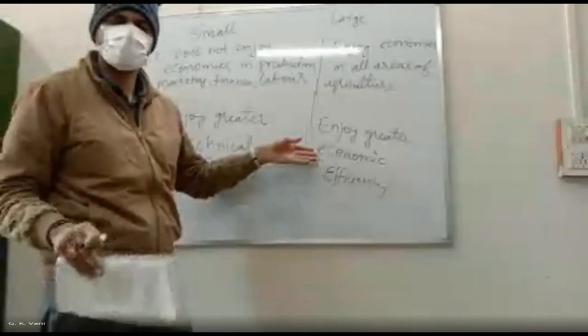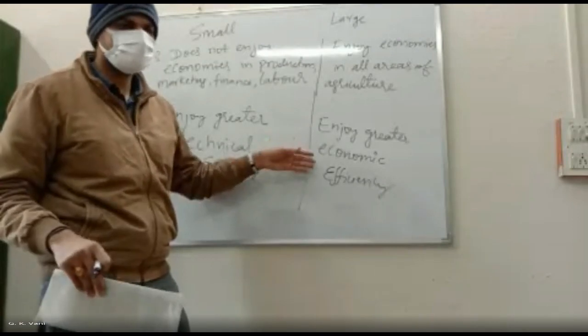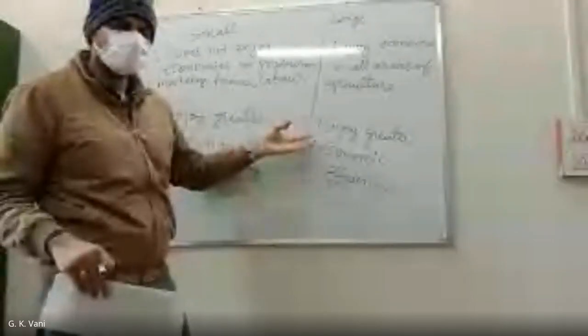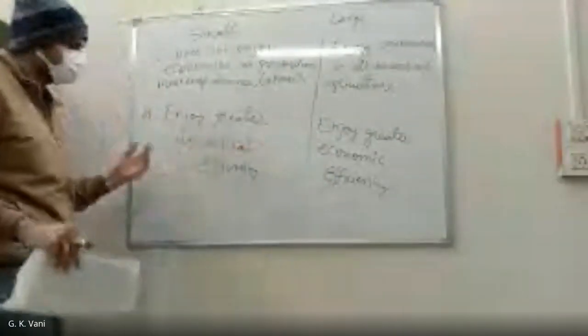You can understand economic efficiency in BC ratio terms. If you spend 1 rupee as a cost, you get more benefits, like 2 rupees, 3 rupees, compared to a small farm.